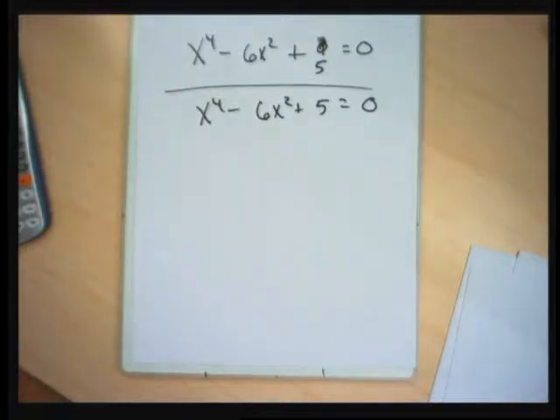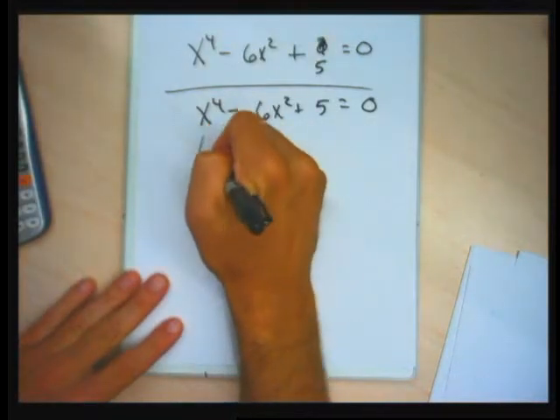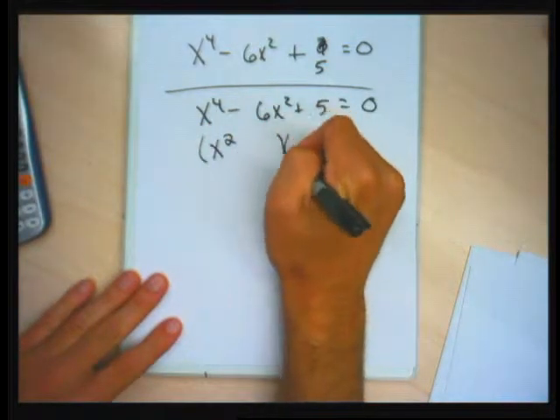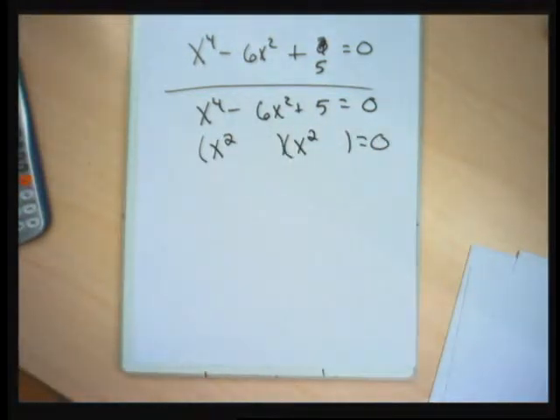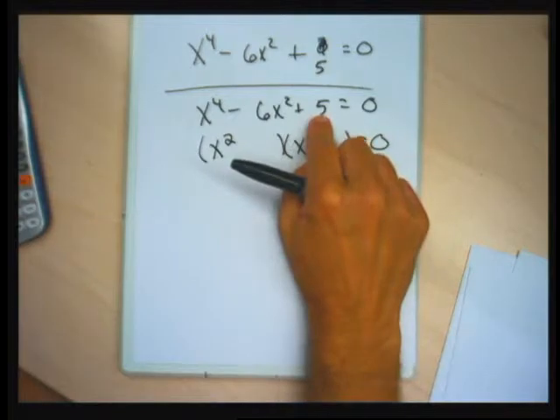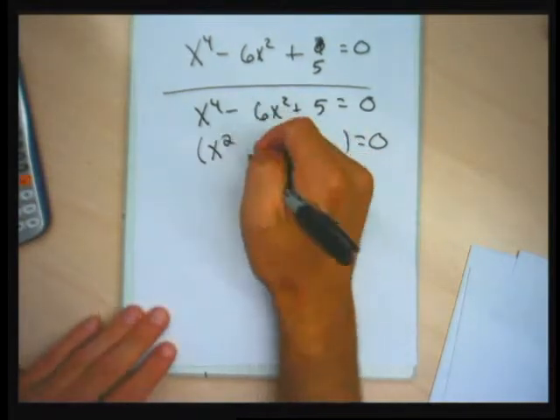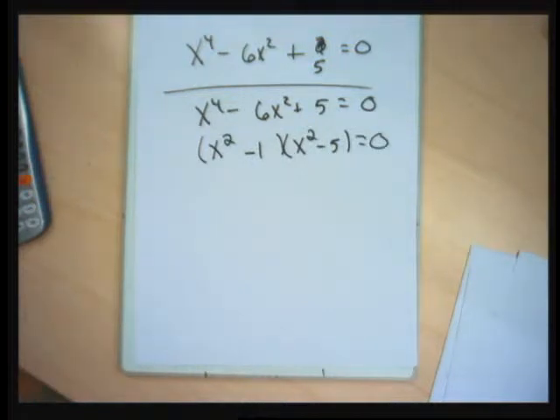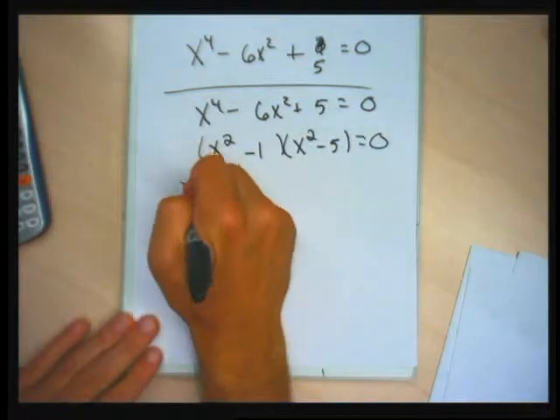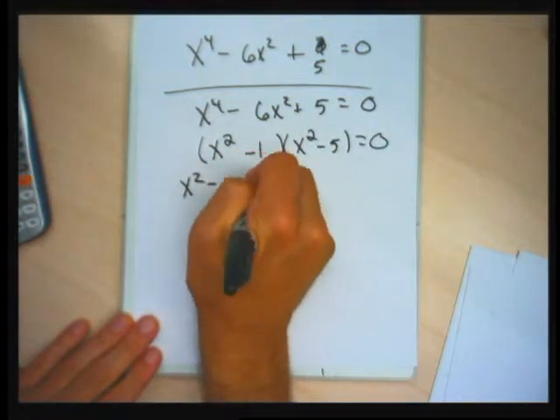So, solving by factoring. I know that my first have to be a couple of x squareds. My signs have to be a couple of minuses. My last have to multiply to that positive 5, add to the 6. I get minus 1 and minus 5 to do that. Once I get it factored, I set the factors equal to 0.